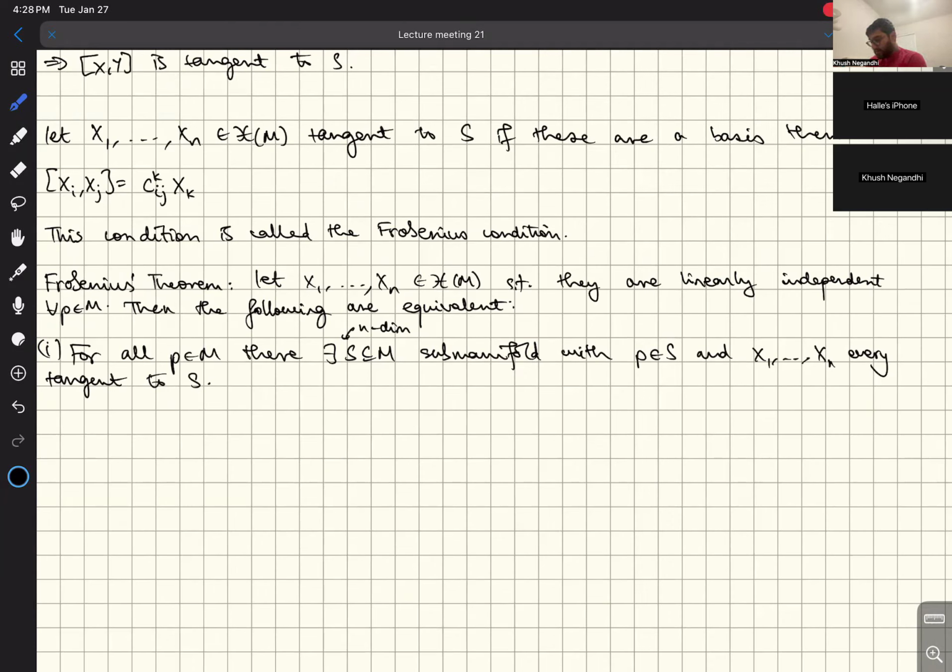So yeah, there's a submanifold through every point, and the vector fields are everywhere tangent. And the second one is that these satisfy the Frobenius condition.